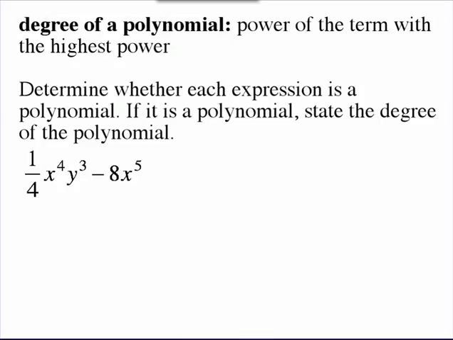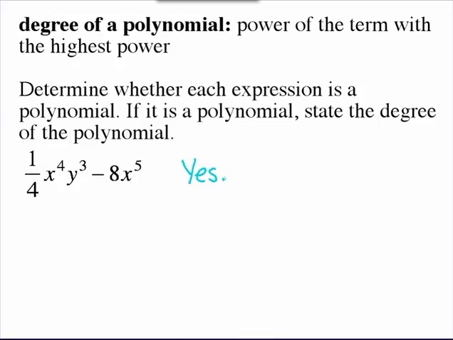So no negative exponents. If you look at this one, yeah, the 1/4 is a fraction, but that's okay, because that's just a number. That's like 0.25, right? And then you have x to the 4th, y cubed, so this is fine. Minus 8, that's fine, x to the 5th. So this is in fact a polynomial. So this is yes.